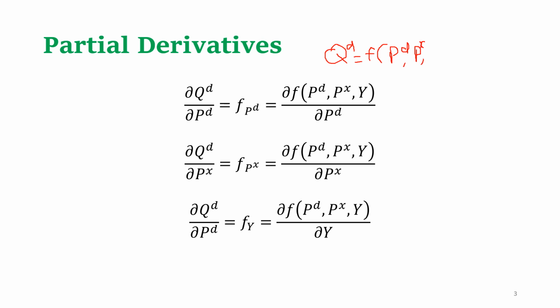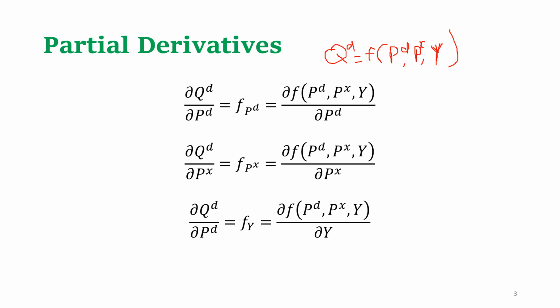And then we have income, Y. That's it. So this is the function. So what we are saying here is we are differentiating this whole QD with respect to PD, holding the other two variables PX and Y constant.